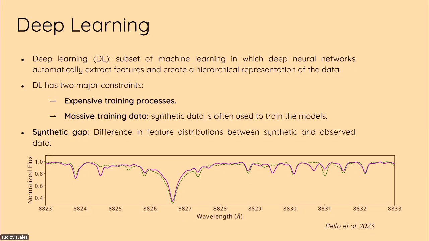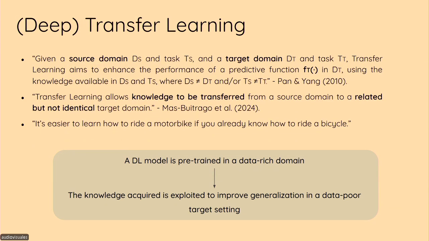The solid line is the real observed spectrum, and the dashed line is the synthetic spectrum. As you can see, they are very, very similar. They are very close, but they are not identical in some features. And this is where transfer learning comes to help, because it can reduce these two major constraints of deep learning.